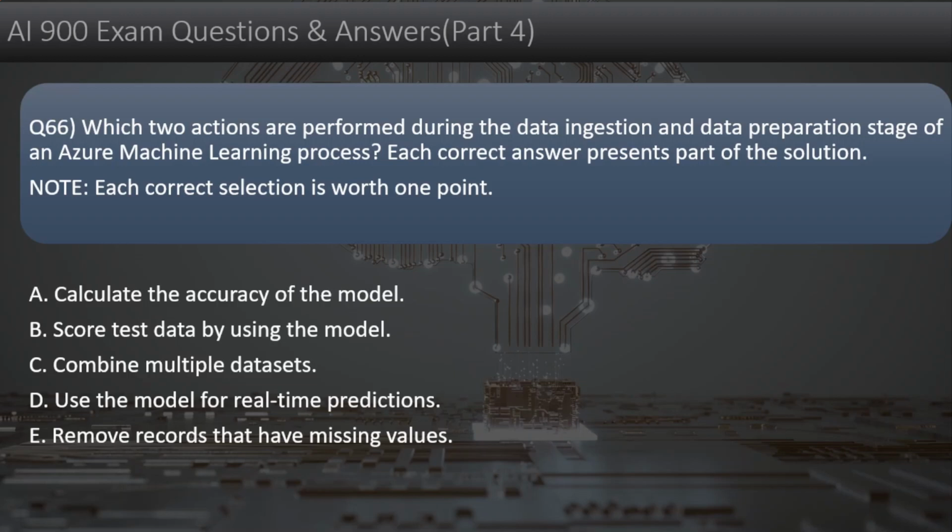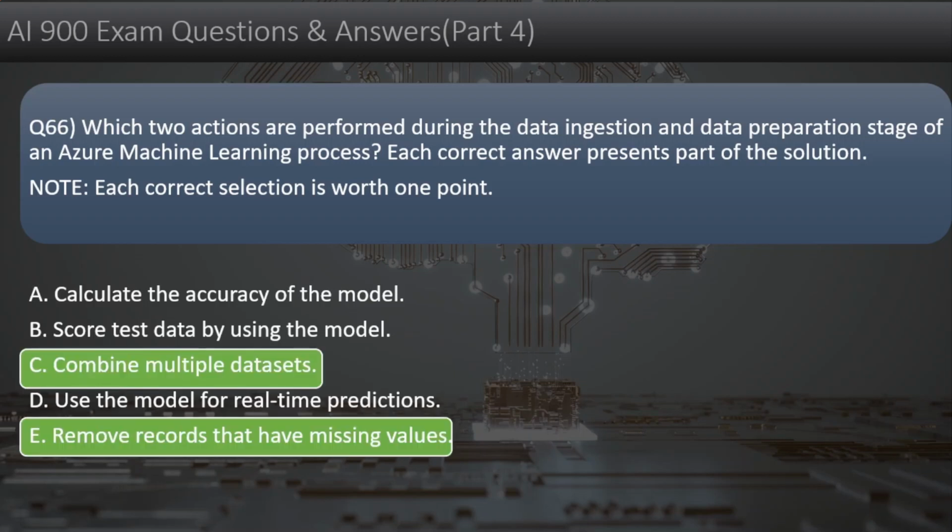Option C. Combine multiple data sets. Option D. Use the model for real-time predictions. Option E. Remove records that have missing values. The answer is option C, combine multiple data sets, and option E, remove records that have missing values.